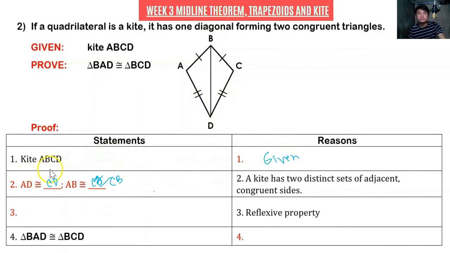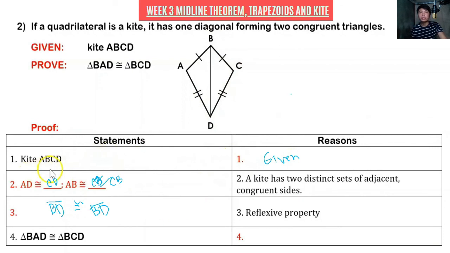Next, sa reflexive property, ano yung statement natin dito? BD is congruent to BD, reflexive property. Why? Kasi papasok dyan yung reason sa number 4.